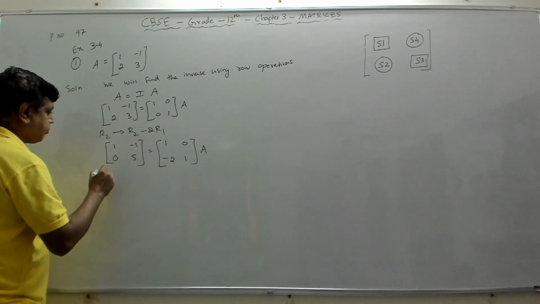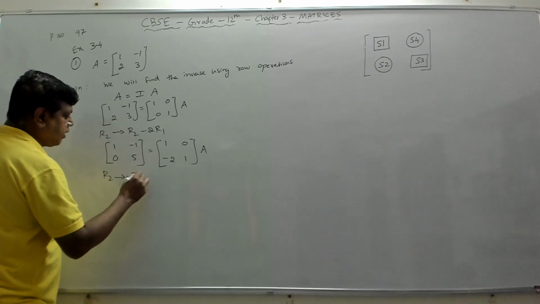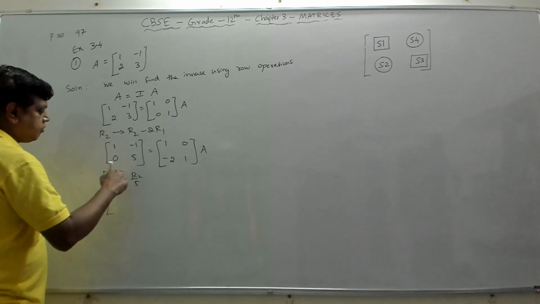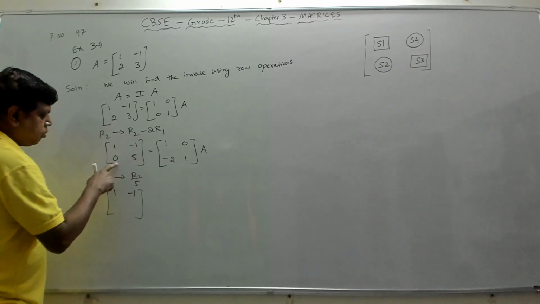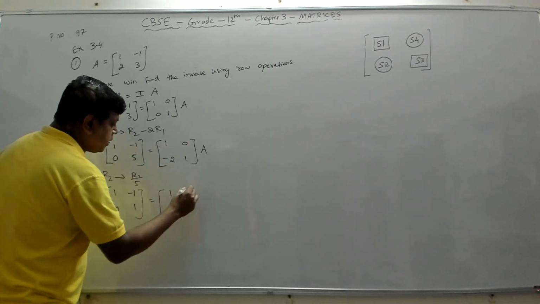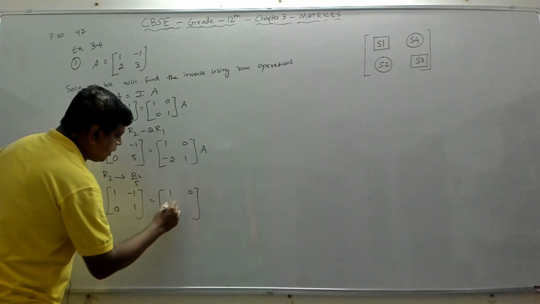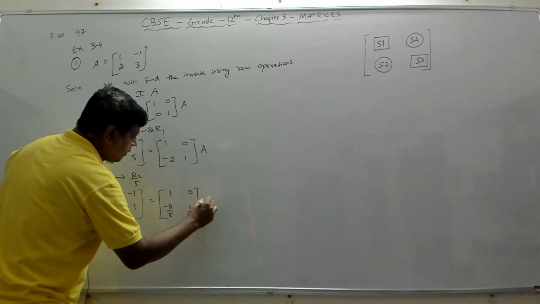So R2 implies R2 by 5, which means every element of row 2 I am going to divide by 5. First row no change. Second row: 0 by 5 is 0, 5 by 5 is 1. We apply the same operation here. Row 1, no change. Row 2, each element divided by 5: minus 2 by 5, then 1 by 5. This is A.